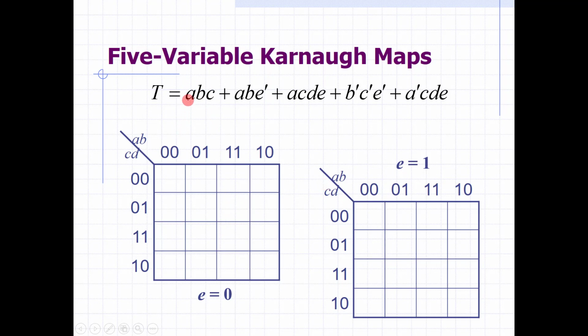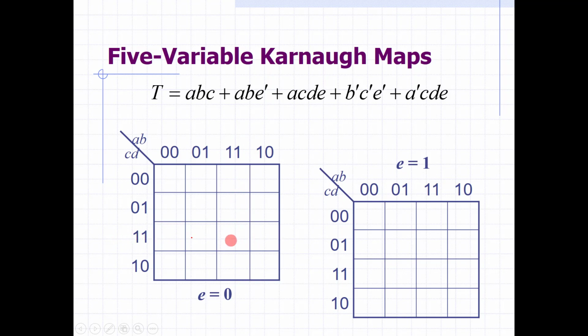Example, ABC means A is 1, B is 1, C is 1. And then I go into the table, and everywhere in the table where A is 1, B is 1, and C is 1, I put a 1. So here's where A and B are both 1, this column. And now, where is C 1?